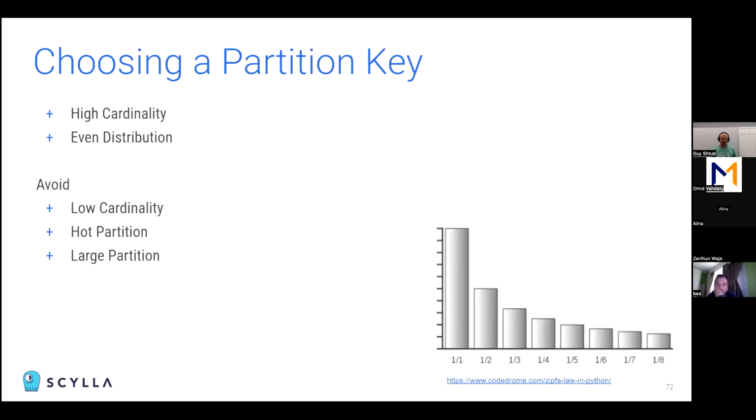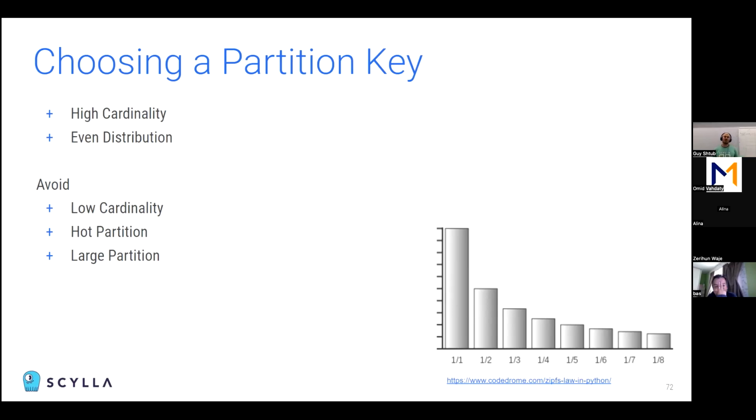And we can also query by that. So of course, choosing a partition key is very important. When we create the data model, we try to achieve high cardinality and an even distribution. And we try to avoid, of course, low cardinality. We try to avoid a situation where there's a hot partition.